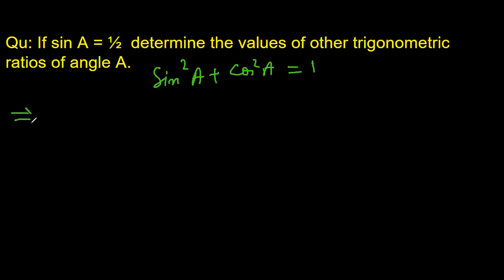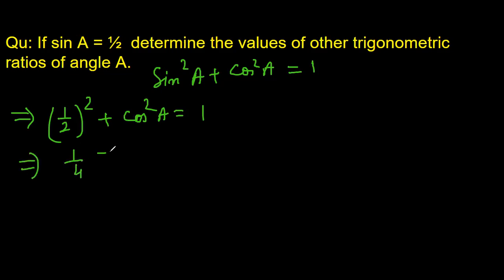So this will imply 1 by 2 squared plus cos square A should be 1. This implies square of 1 by 2 is 1 by 4 plus cos square A is equal to 1. So cos square A would be 1 minus 1 by 4. This is 3 by 4.